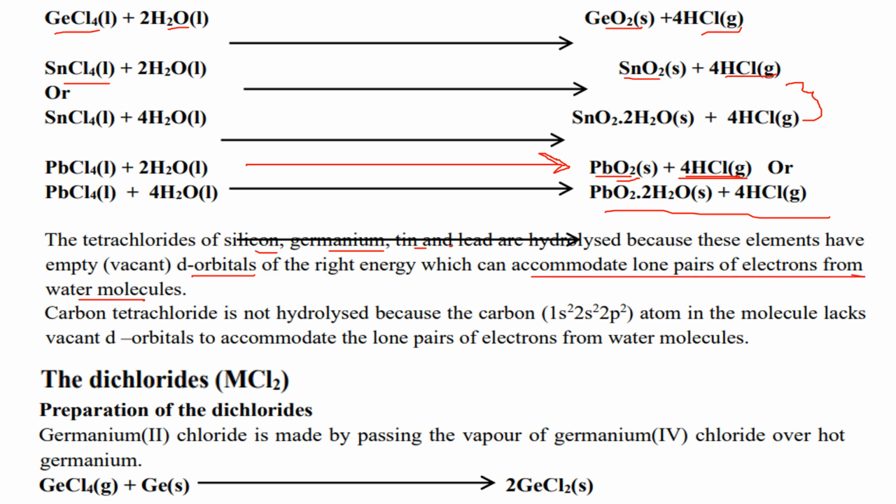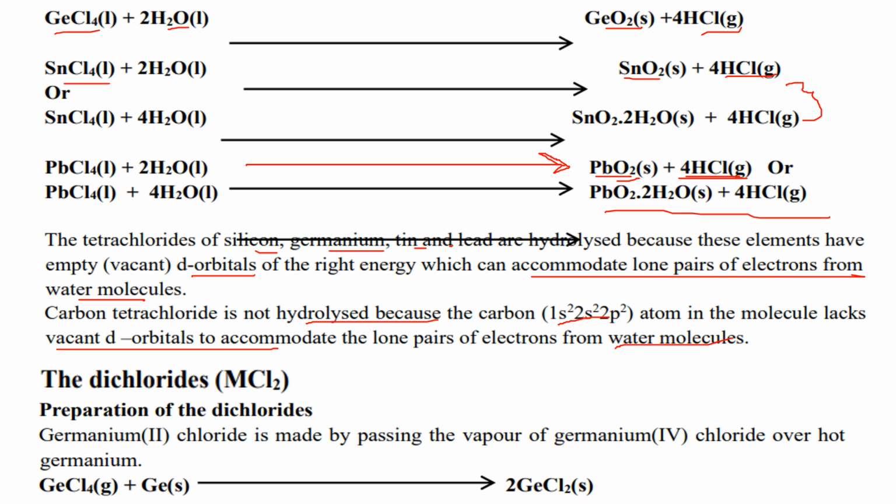However, carbon tetrachloride, just like we talked about in inorganic chemistry, is not hydrolyzed because if you look at its electronic configuration, it lacks vacant or empty d orbitals to accommodate lone pairs of electrons coming from water for such a reaction to take place. So let's note that because it's very, very important. We shall tell you why silicon tetrachloride undergoes hydrolysis whereas carbon tetrachloride doesn't.